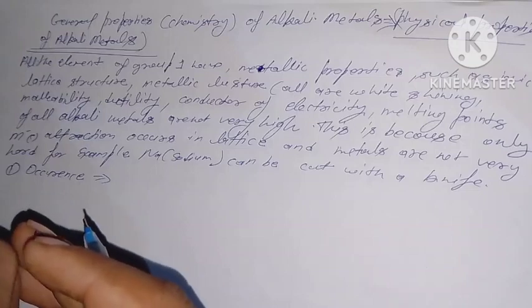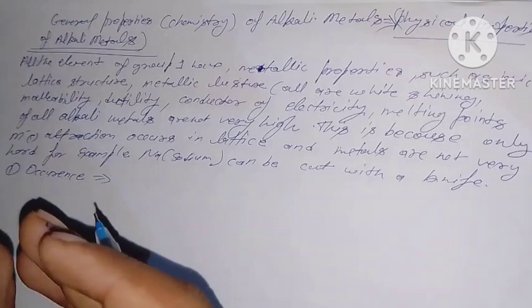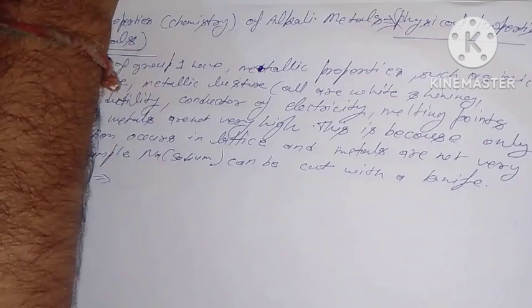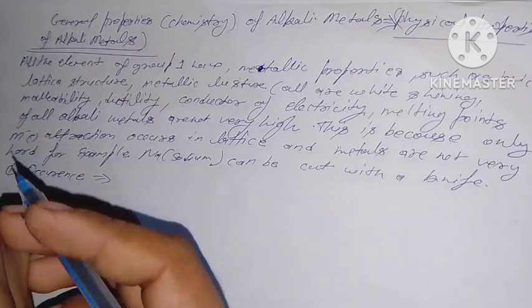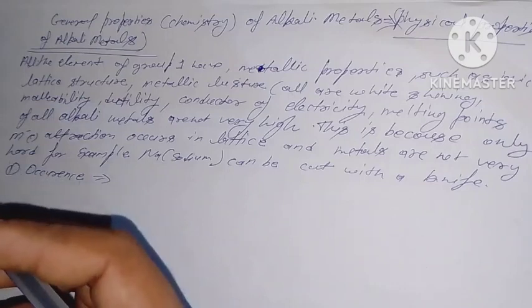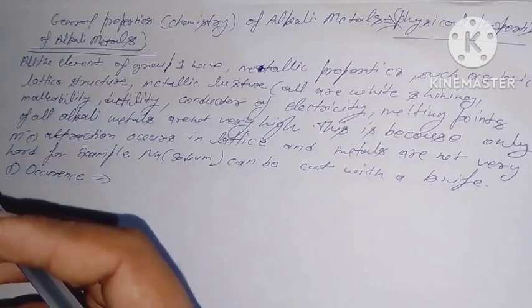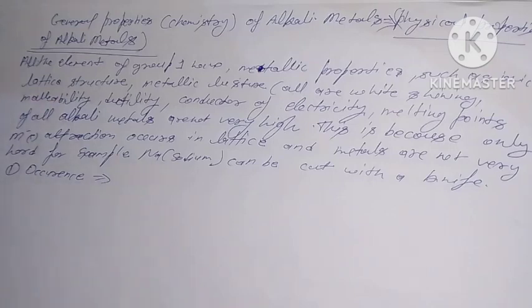Sodium and potassium occur relatively abundantly in nature. Lithium, rubidium, and cesium occur much less abundantly. Francium is a radioactive element with a half-life period of 21 minutes.